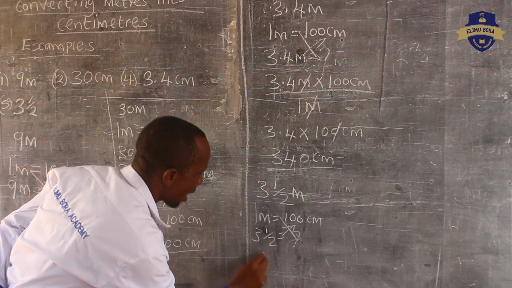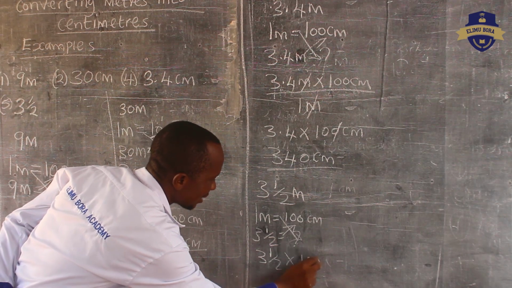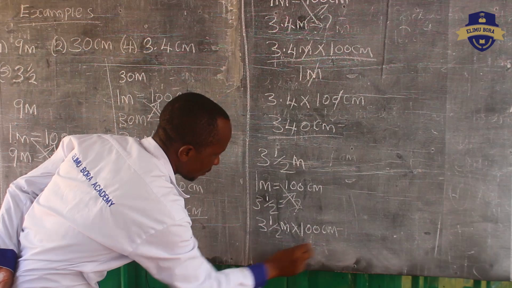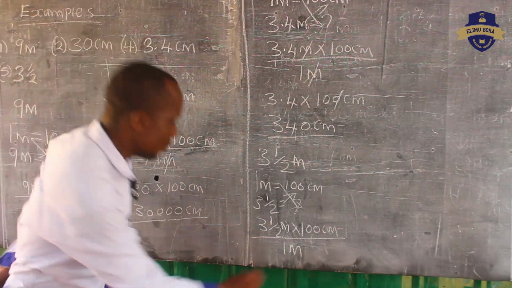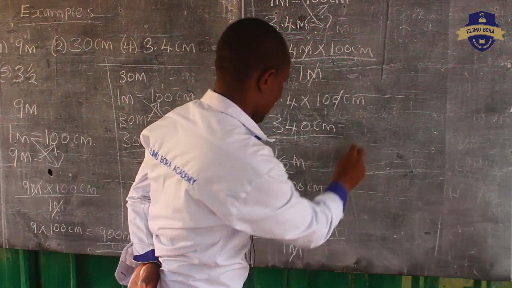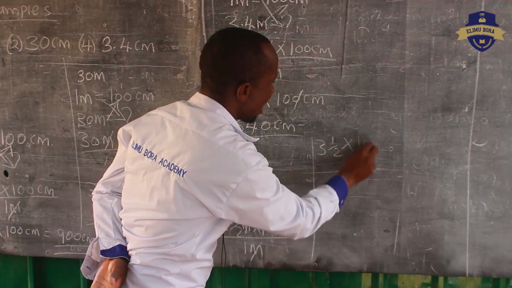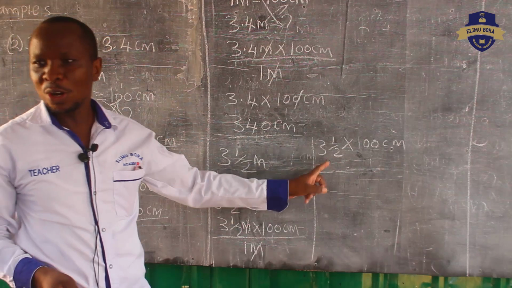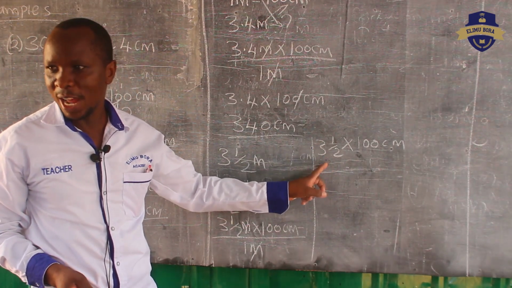When you cross multiply, you take 3 1/2 multiplied by 100 centimeters all over 1 meter. So you cancel meter with meter. So we remain with 3 1/2 times 100 centimeters.